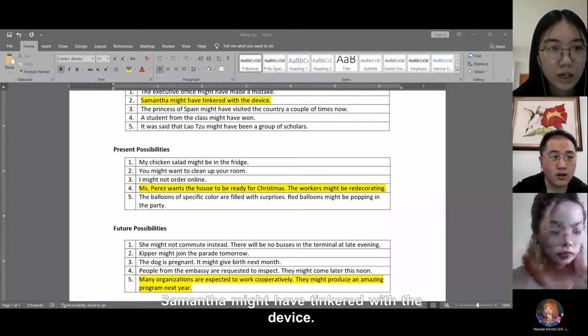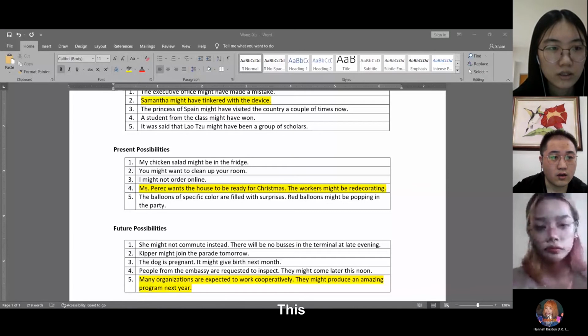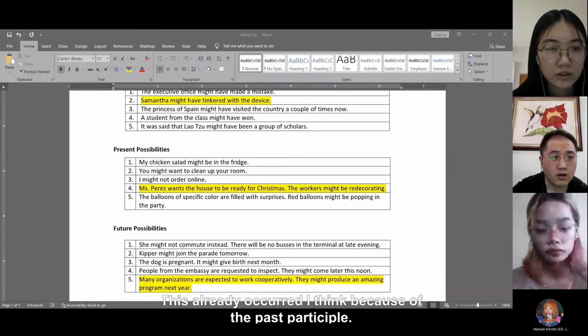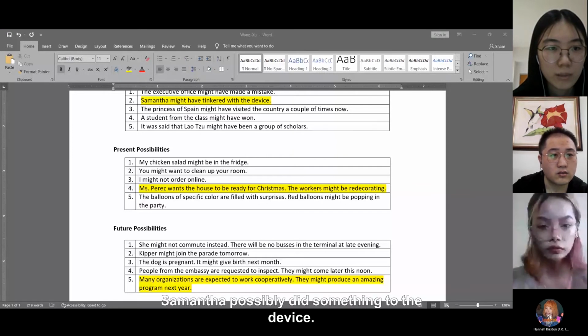Samantha might have fixed things with the device. This already occurred, I think, because of the past participle. Samantha passively did something to the device.